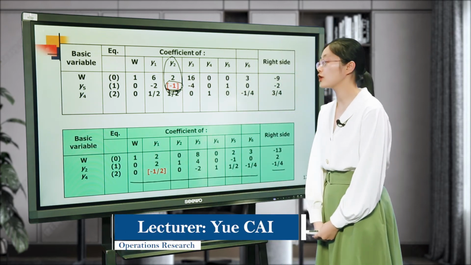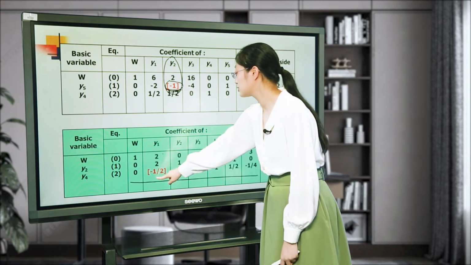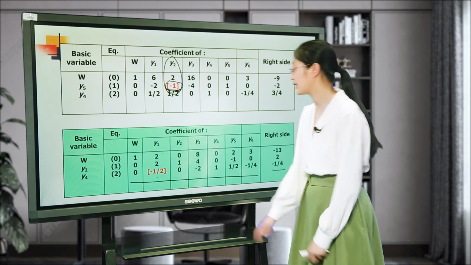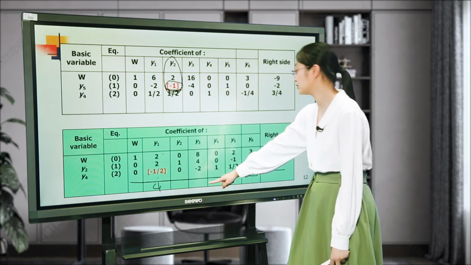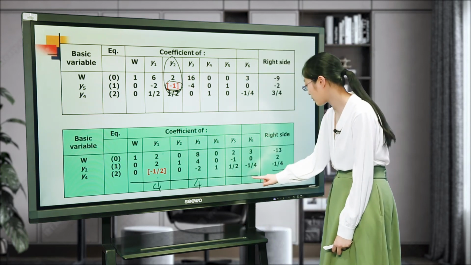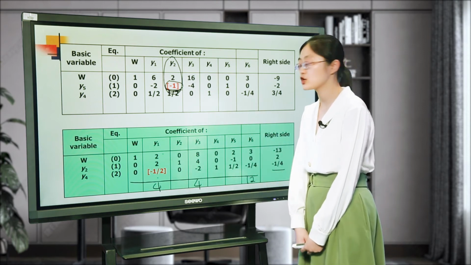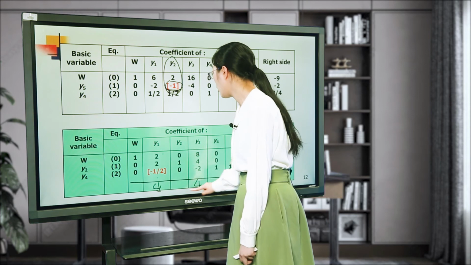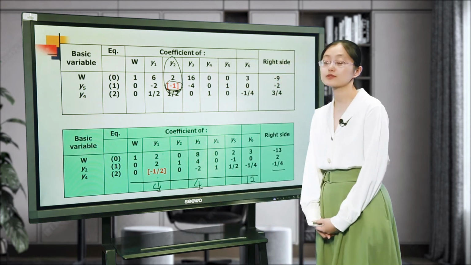When we do the minimum ratio test, in this case, we can see that 2 to -1/2 ratio in absolute value is 4. And then 8 to 2, the ratio is also 4. And then 3 to -1/4, the ratio in absolute value 12. We pick the minimum ratio. However, in this case, we have 2 ratios of the same value, and they are both minimum.